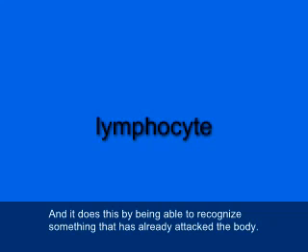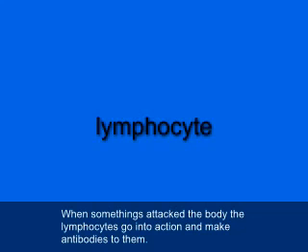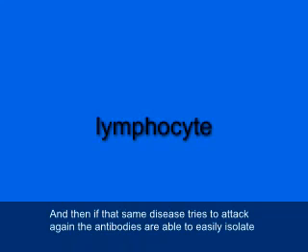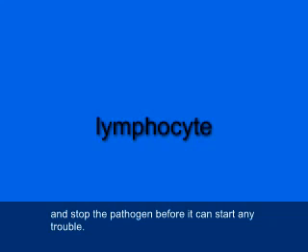And it does this by being able to recognize something that has already attacked the body. When something's attacked the body, the lymphocytes go into action and make antibodies to them. And then if that same disease tries to attack again, the antibodies are able to easily isolate and stop the pathogen before it can start any trouble.